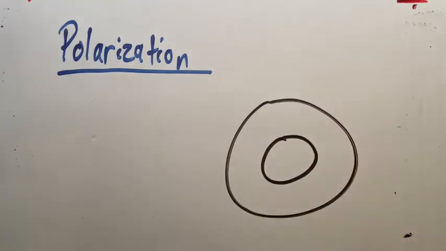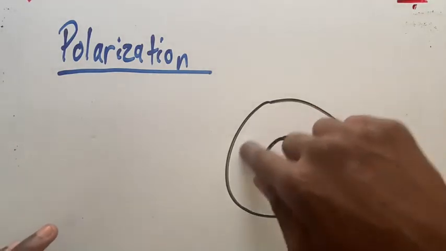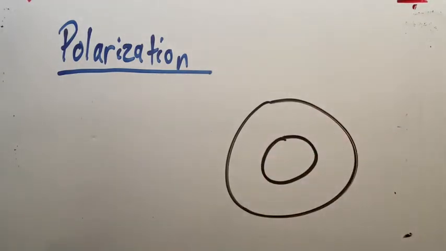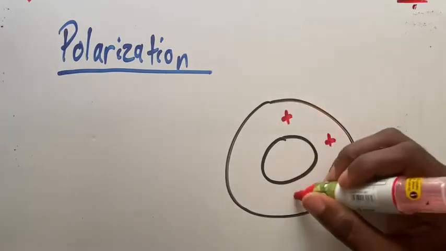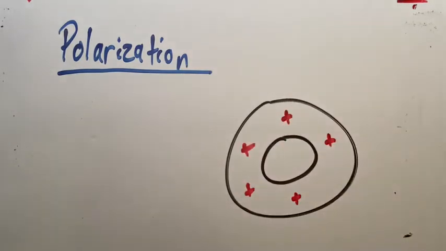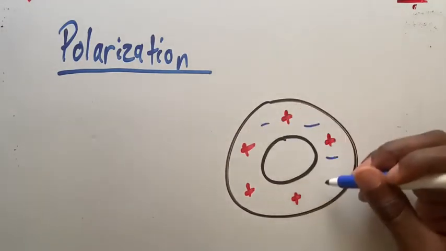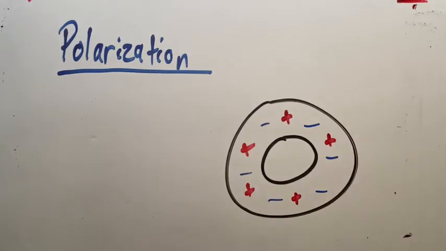So let's say I have this conductor here, and this is the solid part and the inside is empty. So this conductor is neutral. It doesn't have any charge. It just has a balanced amount of positive and negative charge.